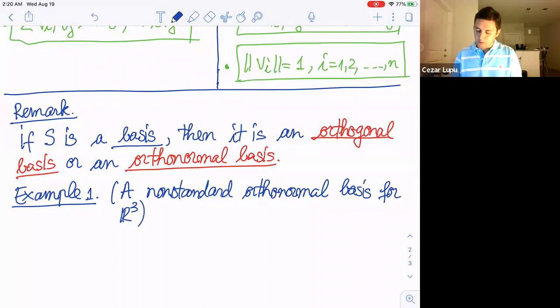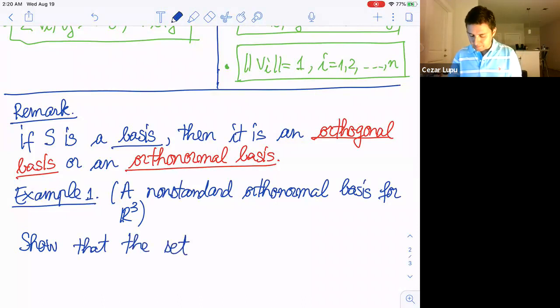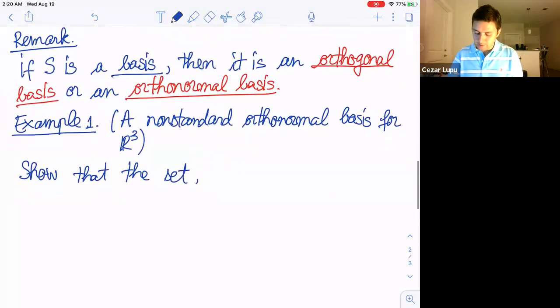Let me see the example. Show that the set, and let's call this set the following.